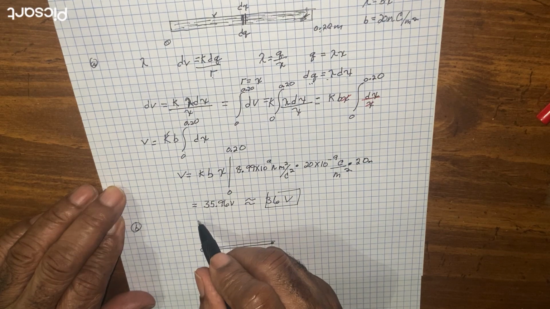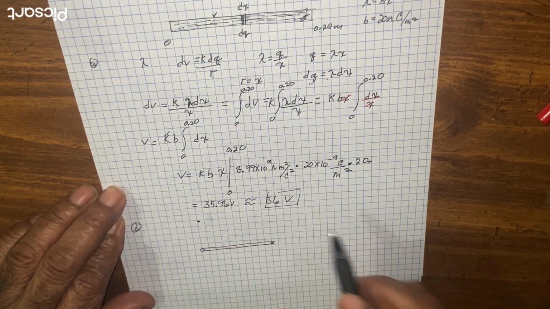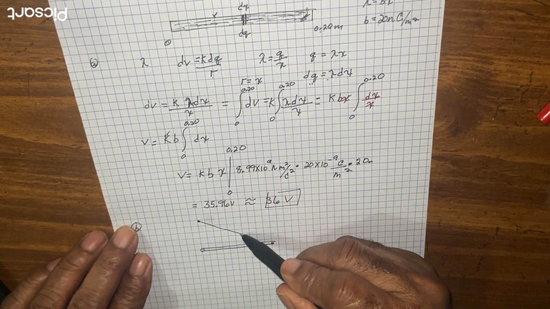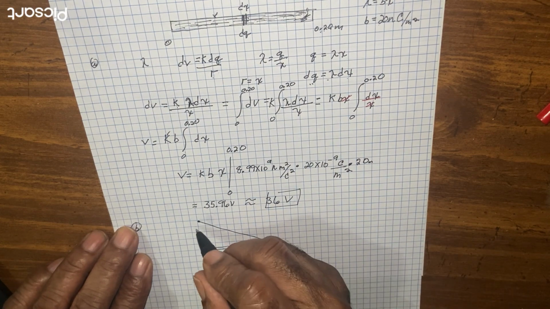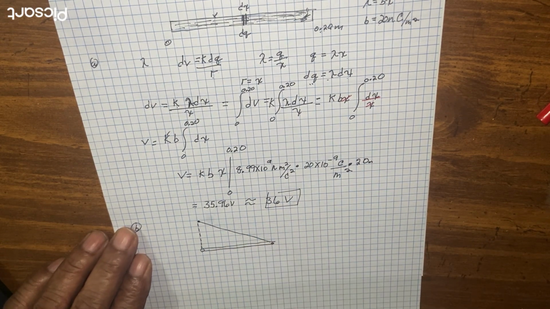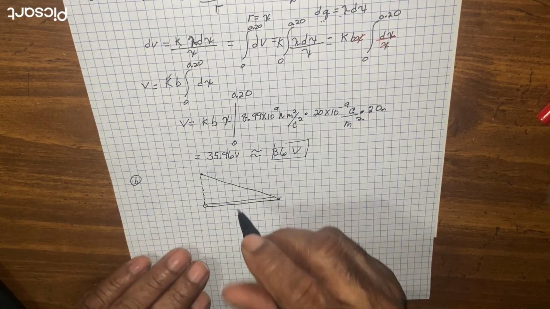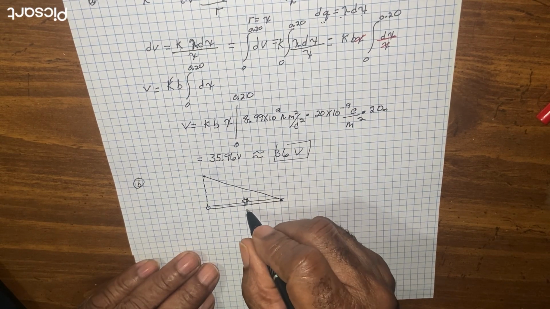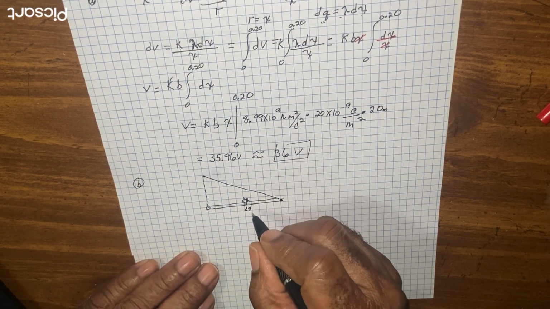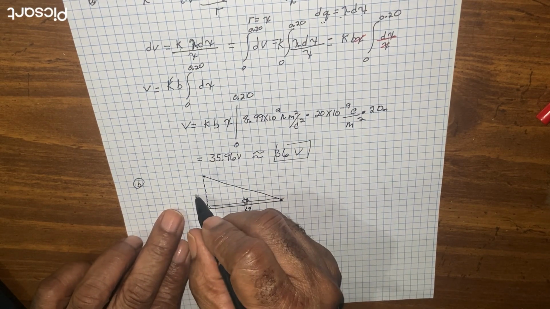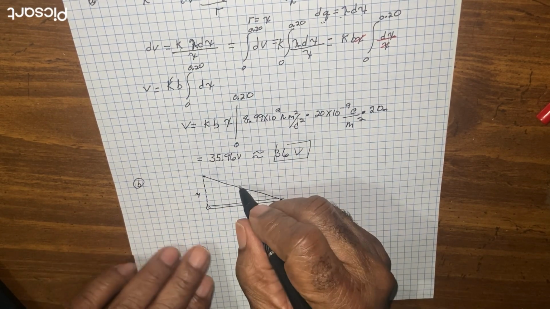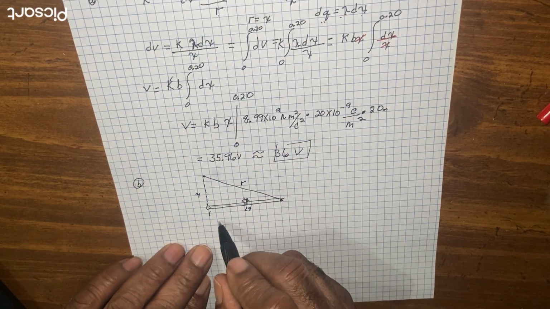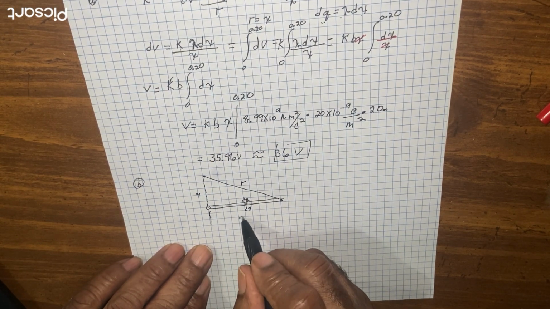We're going to have a point, that's the Y, and so we do the same thing for dq and dx, and we know this is Y, and this is R, and this whole bar length is X.